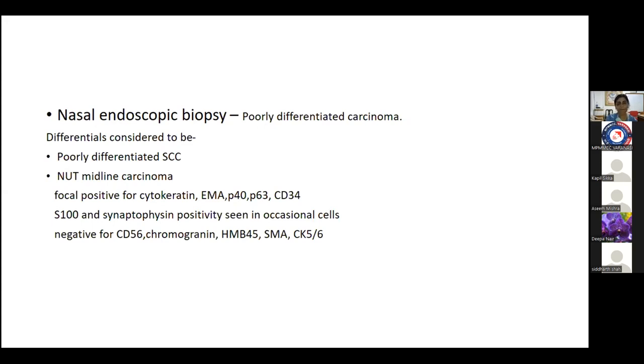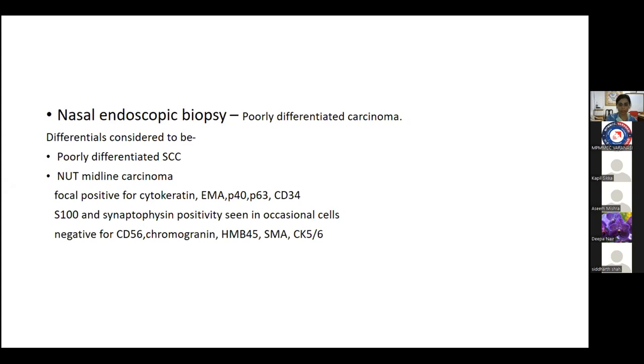Yes. And how do you plan to reconstruct the defect? Because the orbital plate will go, so I would like to reconstruct with free fibula flap. Do you expect a dural defect? Yes, sir.